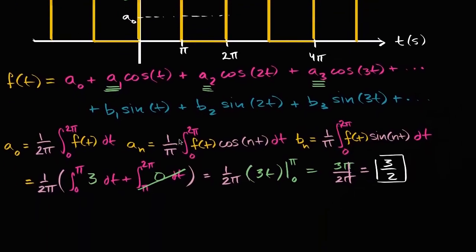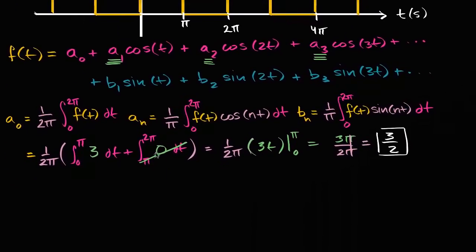So now let's figure out the general a sub n, where n is not equal to 0. So a sub n is going to be 1 over pi times the definite integral. I could go from 0 to 2 pi, but instead I'm just going to cut to the chase. I'm going to go just from 0 to pi, because the integral from pi to 2 pi is just going to be 0, because the function is equal to 0.